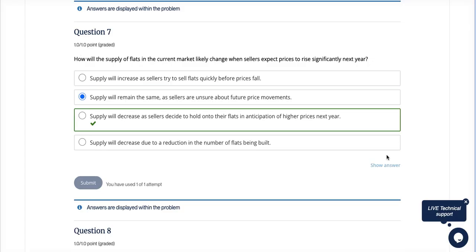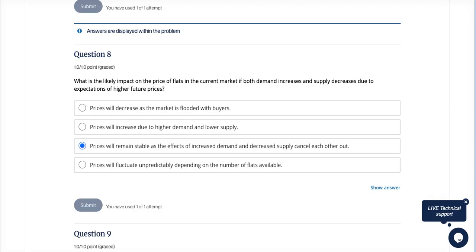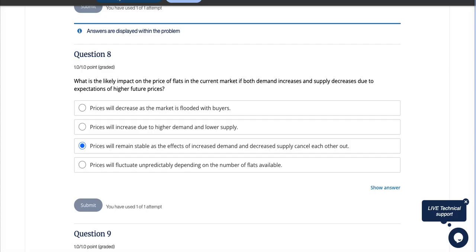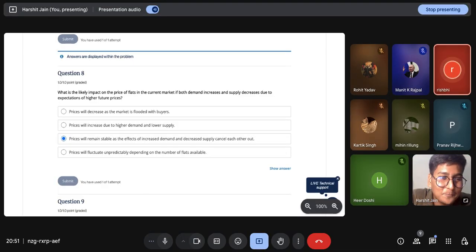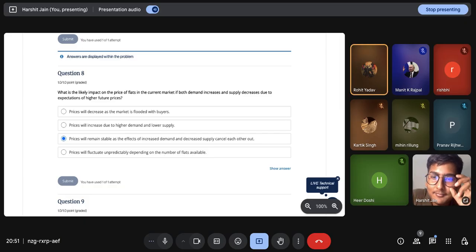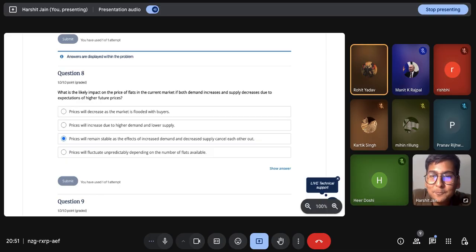C. Prices will increase. At least let me read the questions first. Sorry, sorry. Okay, you can continue. Right, you already gave the answer. I won't give it for the next question. No issue, no issue. Already it's correct. Prices will increase.